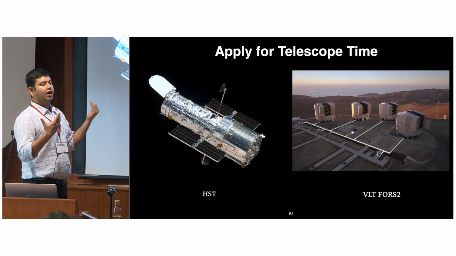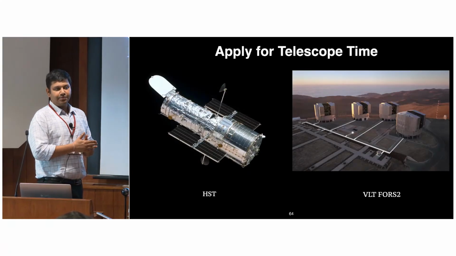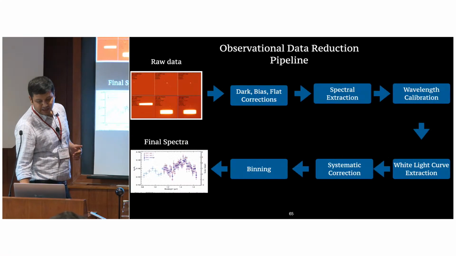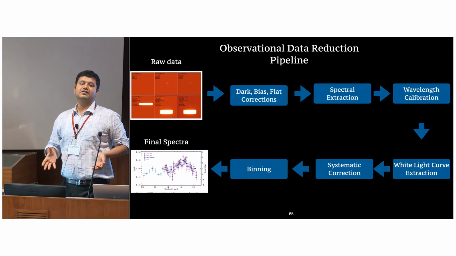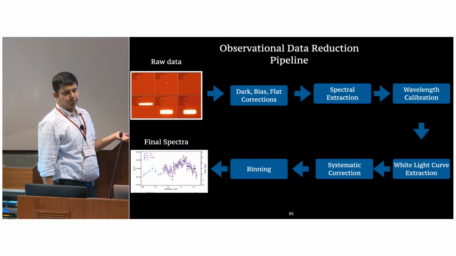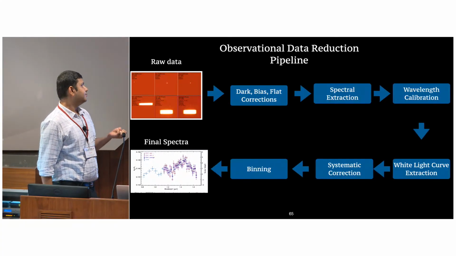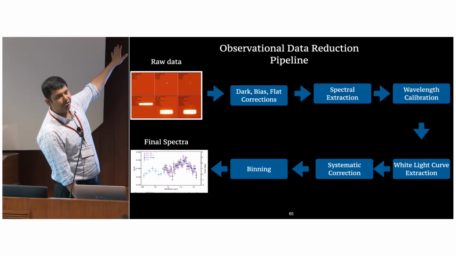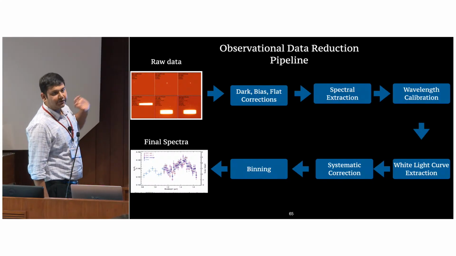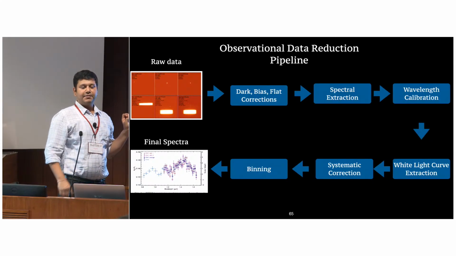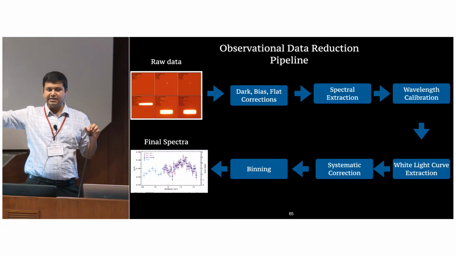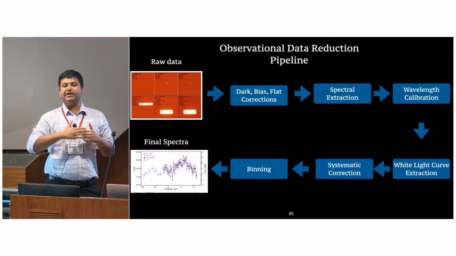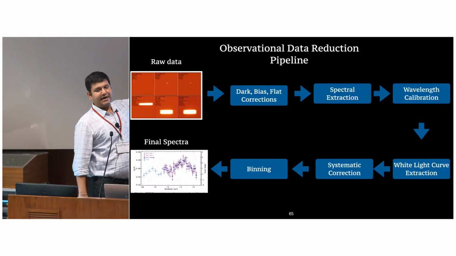Okay, so you have identified your target atmosphere, you apply for telescope time, and then you need to do your data reduction. In the reduction for exoplanet atmospheres, this is what the raw data generally looks like. What we are measuring is the planet going in front of the star and the dip in the brightness, and we are measuring this dip in different wavelengths, and this is what that spectrum looks like.